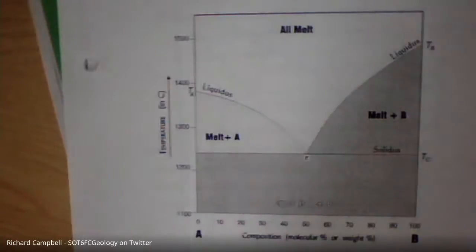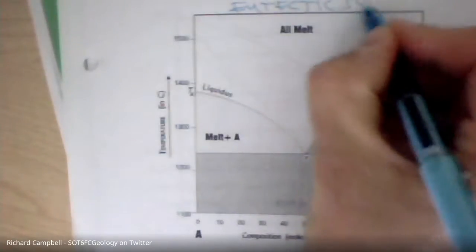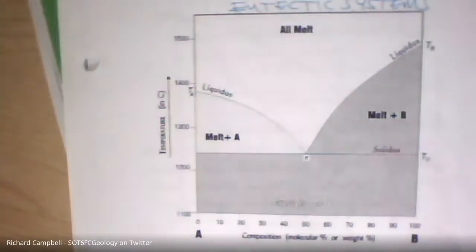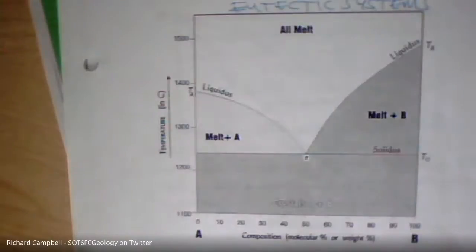Okay, so what we're looking at here is something called eutectic systems. With eutectic systems, we're looking at magma melt, where we have a mixture of two different minerals.